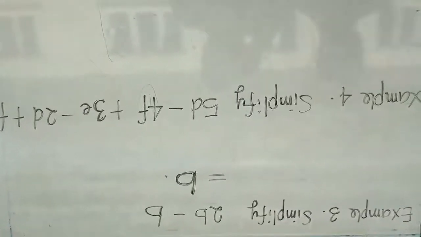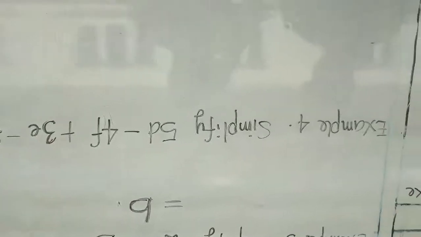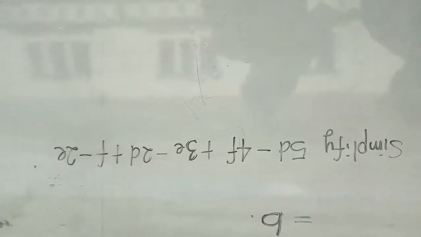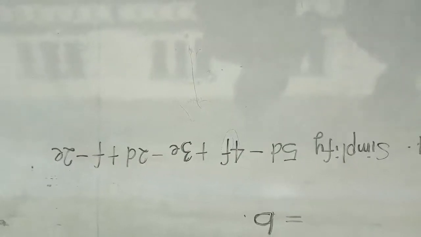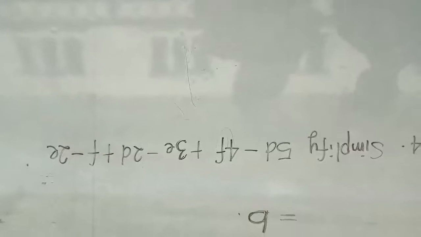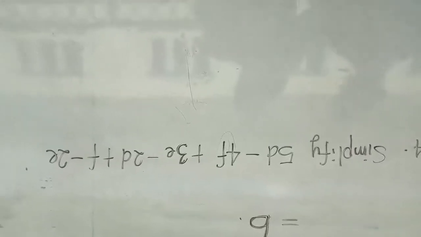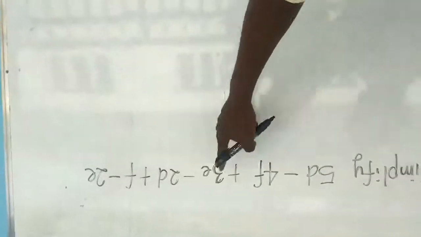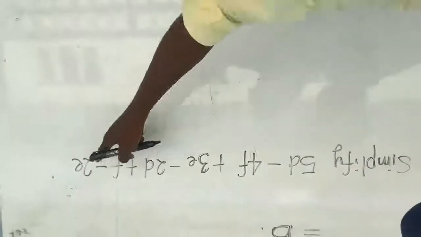Example 4. Simplify 5d minus 4f plus 3e minus 2d plus f minus 2e. So we have different terms here. We have terms in d, terms in f, and terms in e.